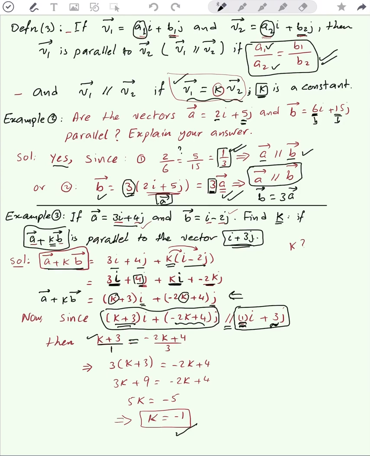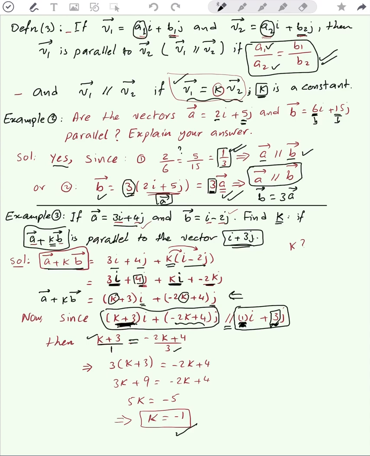By dividing the i component, k plus 3 over 1, when we say i, we mean one i, always we have one there, is equal to the j component, which is minus 2k plus 4 over 3, the j component in the other parallel vector.